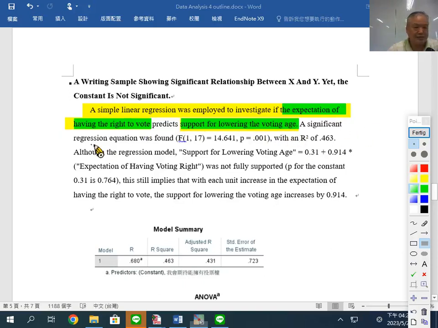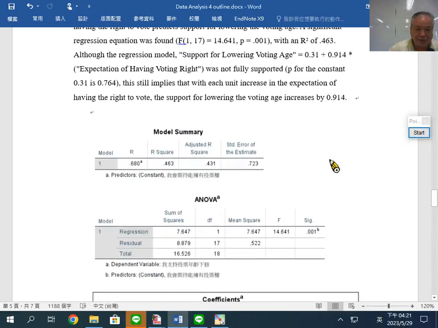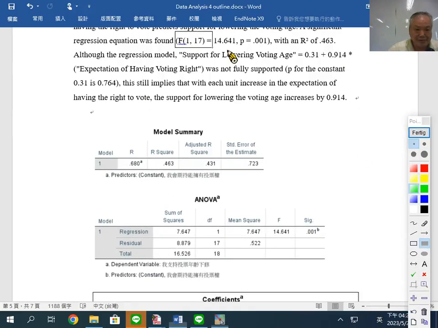So a significant regression equation was found, and so we identified the number here. Basically it talks about the variance. So the variance shows here. Let's see this one. The F value is equal to 14.1. So we have the degrees of freedom, and the value is here, and the significance level is here.